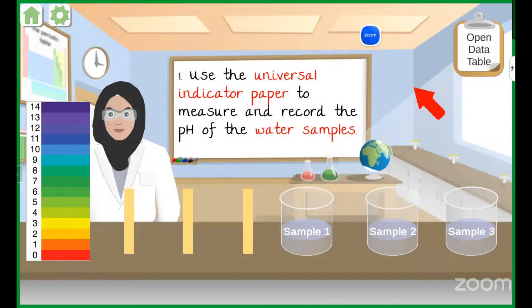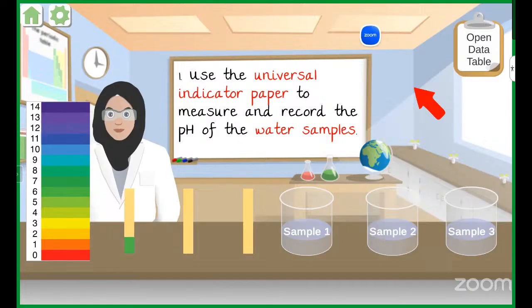So this is the universal indicator paper. We insert it in the first sample. Looking at this, what do you think? You have to compare it with one of these colors. 6. Okay, let's see.